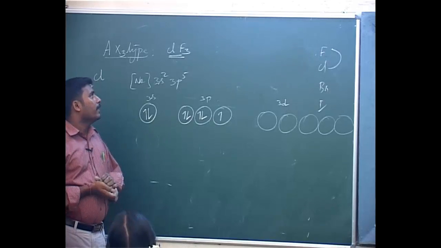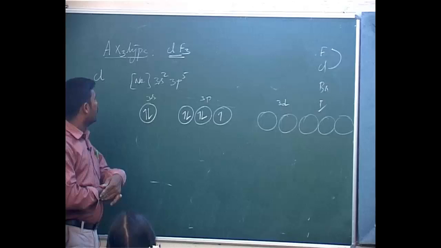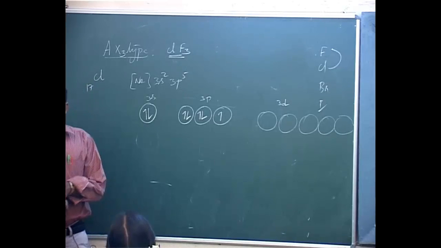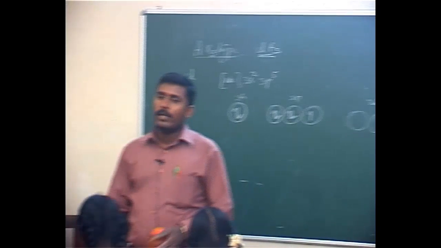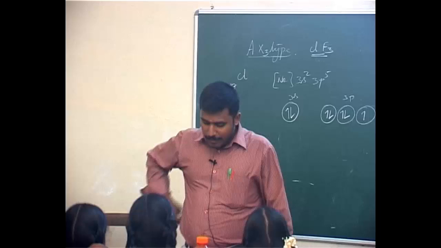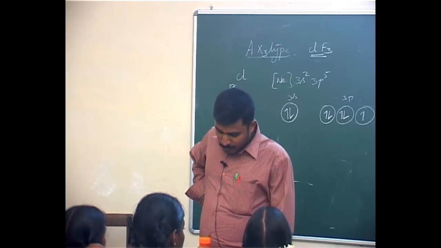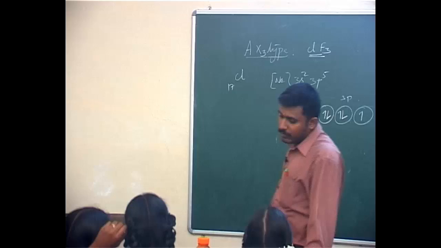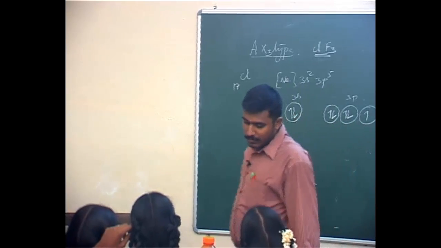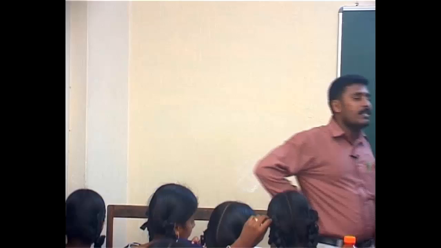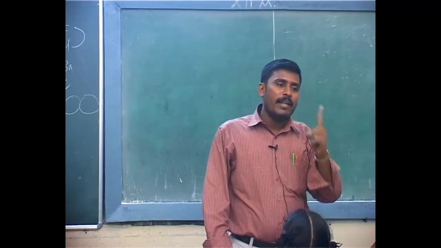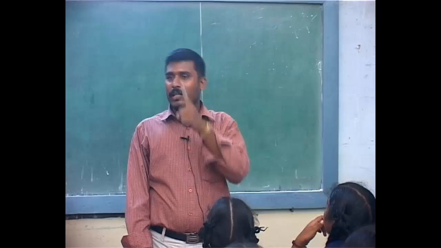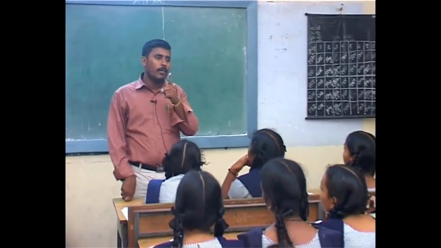Now, how will 3 fluorine come and join with chlorine? Any idea? Listen, in the previous case, it contains only one unpaired electron, so only one unpaired electron permits only one covalent bond.